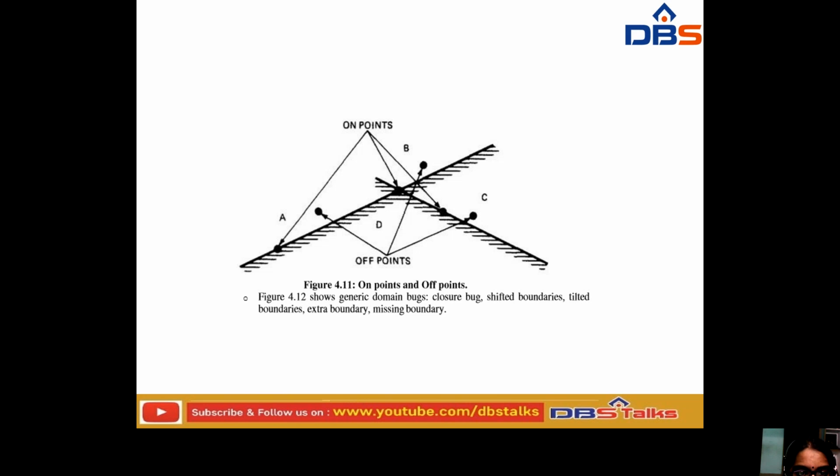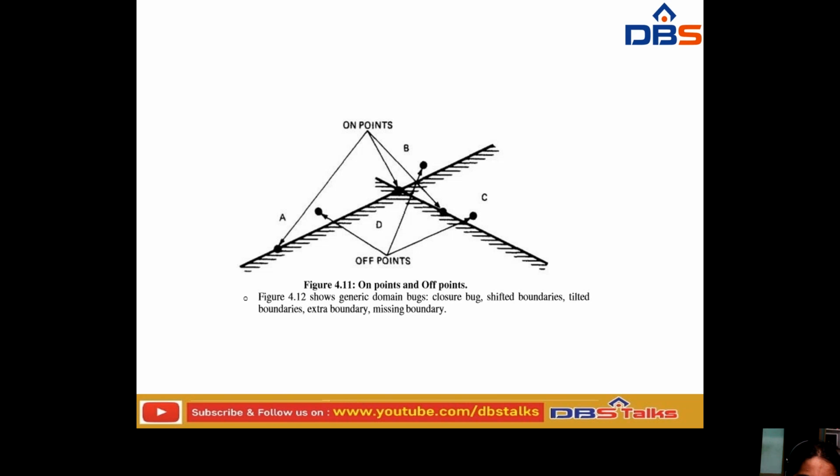So this is the thing. If you observe these on points and off points here, this is the boundary. On the boundary you have these two cross lines, this is the extreme point. These are outside the boundaries, so we can say these are the off points.